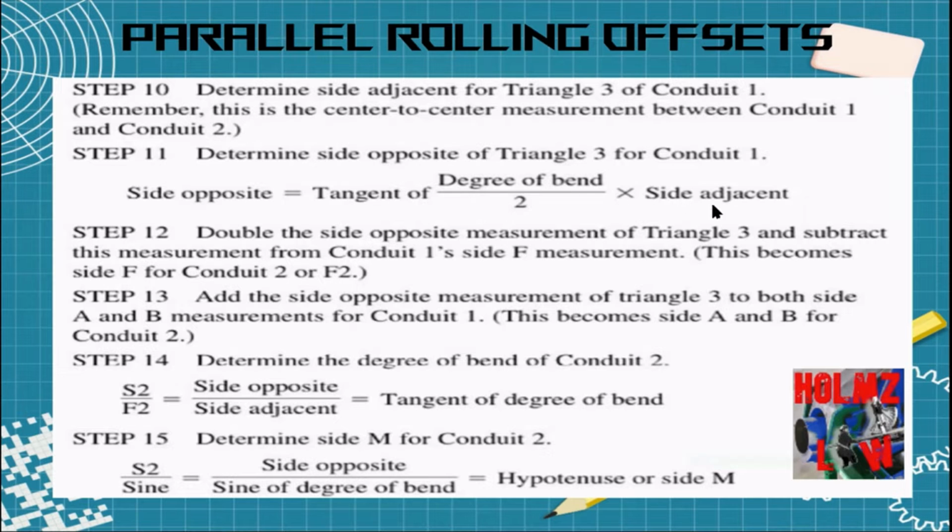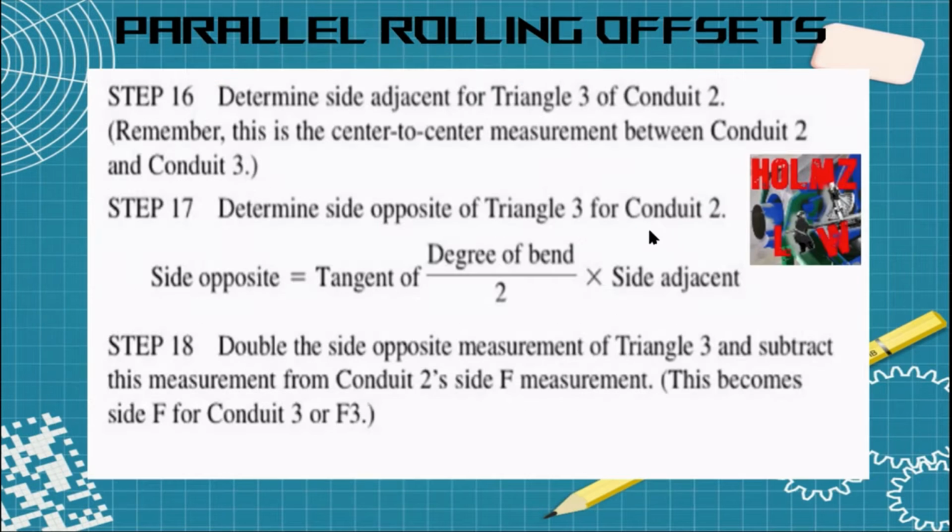The side adjacent is basically just your spacing, and you take whatever degree of bend you have for conduit 1 and divide it in 2. So let's say, for example, it's a 30-degree bend. You divide it in 2, and now you get the tangent of 15 degrees, and you multiply it by the spacing, which is the side adjacent. So don't let it confuse you.